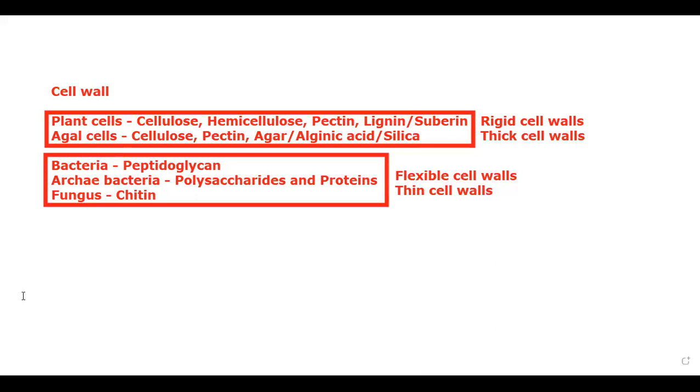Have you marked it? Yes, sir. In this lesson, we are given lots of details regarding plant cell wall. Now we are gradually improving this. Say this is a plant cell.